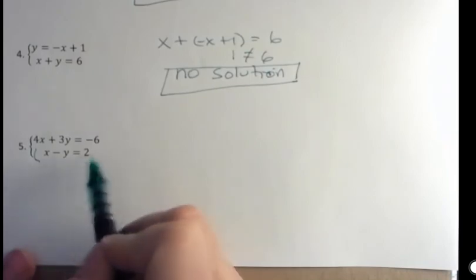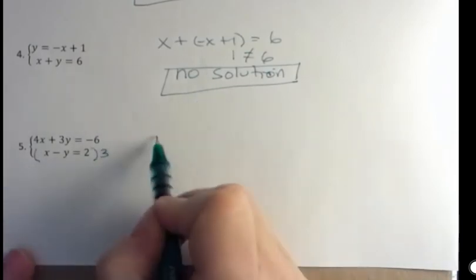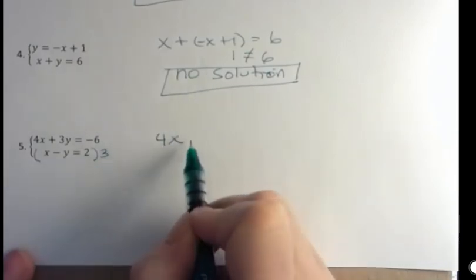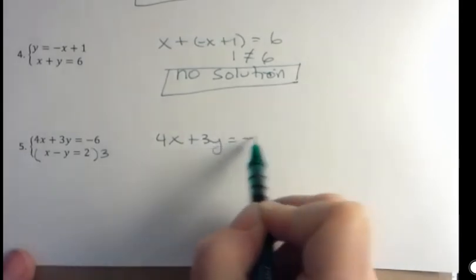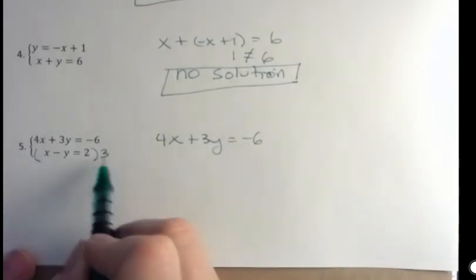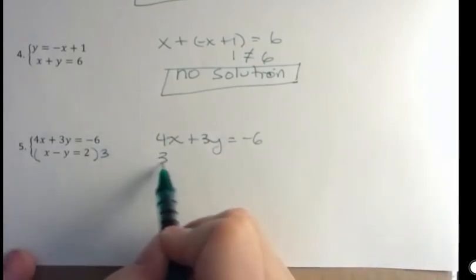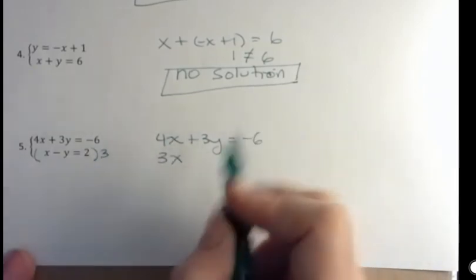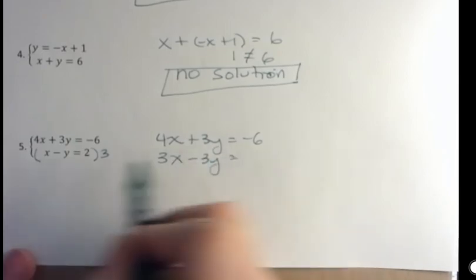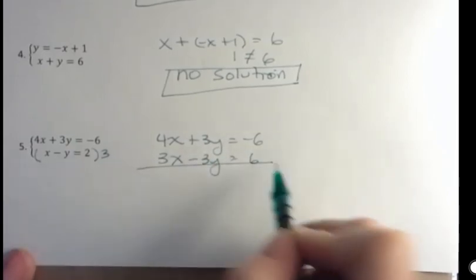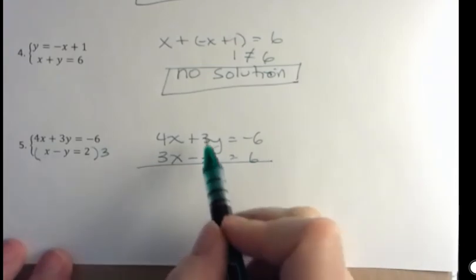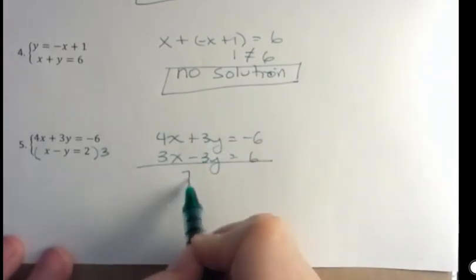I'm going to multiply this bottom equation by 3. So I'm not changing the top equation. I don't need to because I already have 3y, and multiplying down here is going to give me -3y. So 3 times x and -3y and 6. So I'm adding these together, and I can do this because now these eliminate.